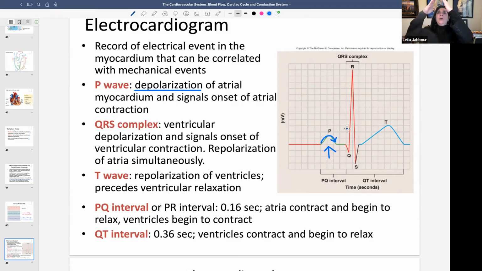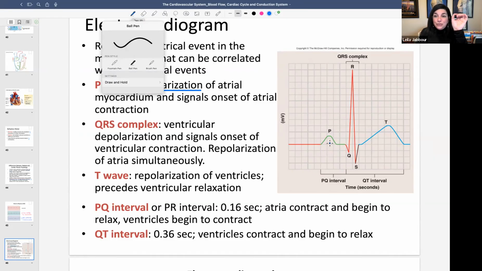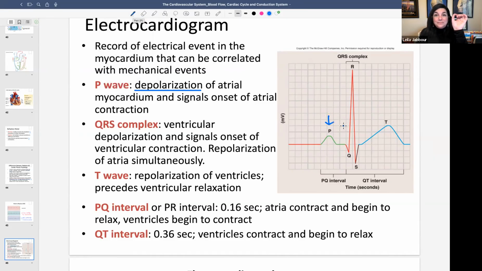Depolarization is when it goes up on those action potential graphs, and when it goes down, it's because we're repolarizing. True, that's true if we're looking at the action potential of one cell. Here we're looking at a combination of action potentials, and that first bump happens to be the depolarization of the atria. So that is atrial systole right here. So when you see a P wave, you know the atria have contracted.